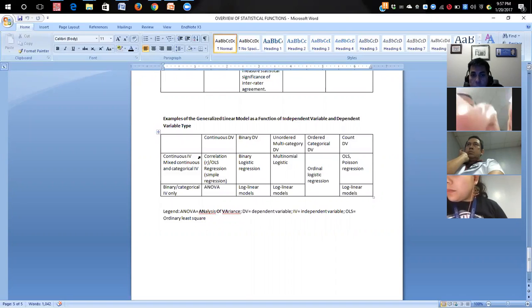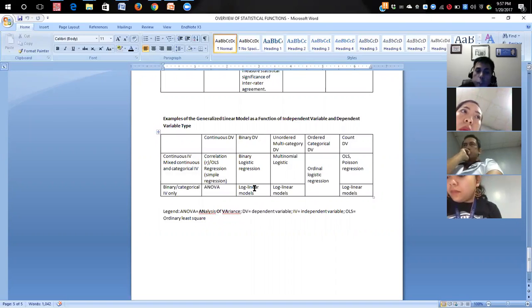So right here, you have either mixed or polytomous categorical independent variable, but you need to create a dummy variable. Now, if you have a binary dependent variable and you also have a binary independent variable, you can also use the log linear regression.